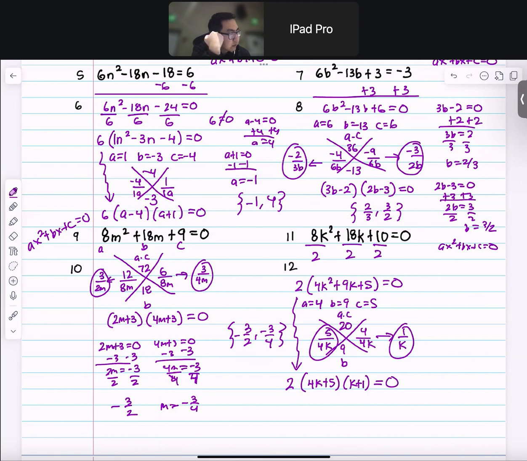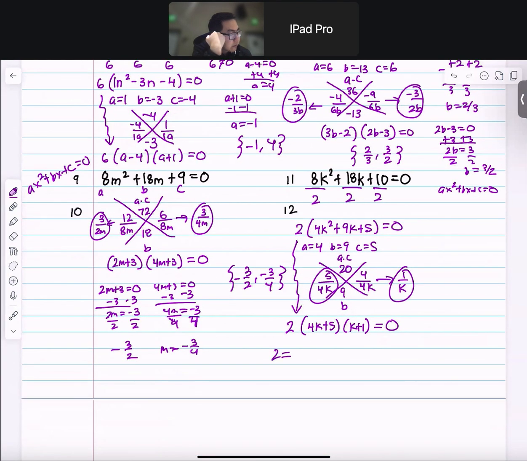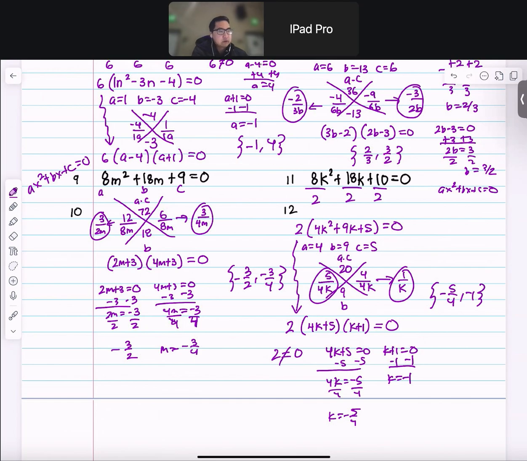Now when you solve, set all your factors equal to 0. But remember, it doesn't make sense that 2 equals 0, so that's not possible. Subtract 5 from both sides, divide both sides by 4. k equals negative 5/4, and for this one, subtract 1 from both sides. So we got negative 5/4 and negative 1 as your answers.